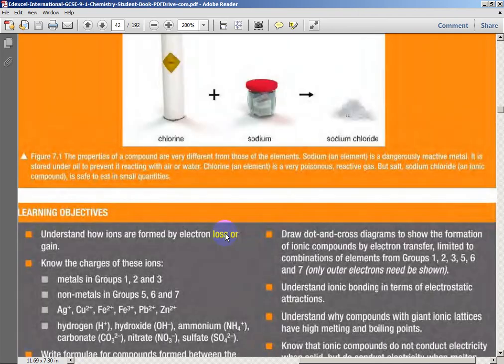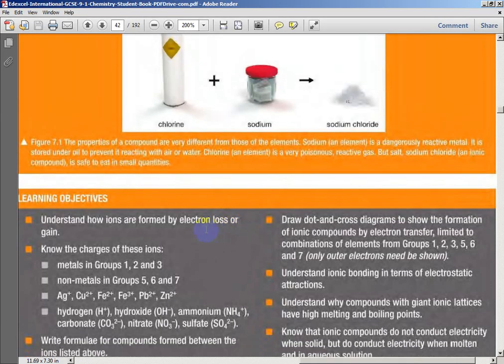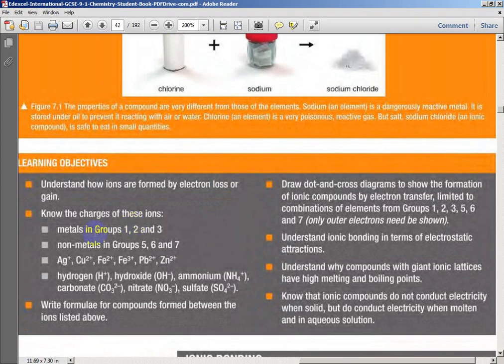Okay, now we'll know the charges of these ions. Metals in groups 1, 2 and 3, and non-metals in groups 5, 6, 7, and charges: silver Ag plus, copper Cu 2 plus, iron 2 plus, iron 3 plus, lead 2 plus, zinc 2 plus.